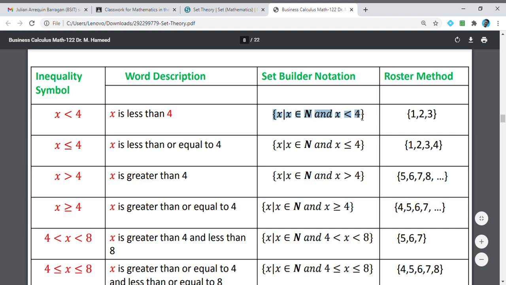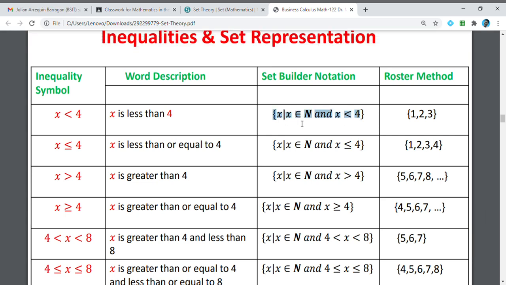If you are going to read this, I'll repeat. The set of all x such that x is an element. This symbol is read as element. I'll repeat: the set of all x such that x is an element of natural number and less than 4.